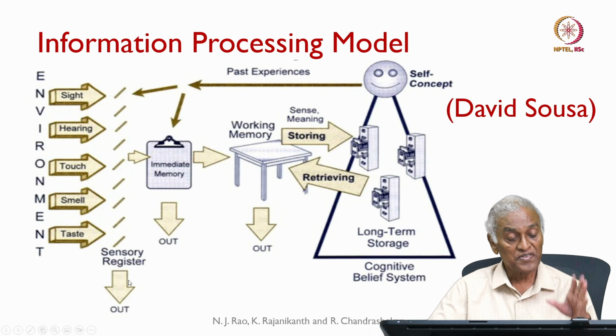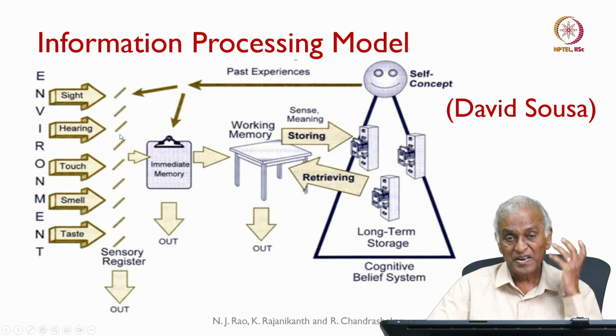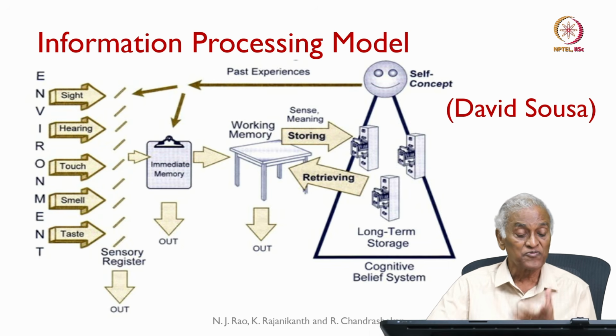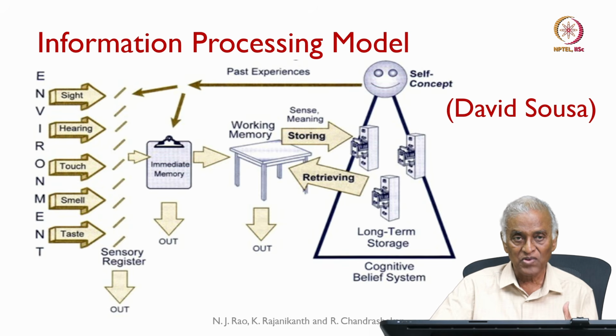Each one registers something, but everything that is here is not immediately processed, because your eyes keep on seeing so much from the environment. All that is not necessarily immediately processed. Only if it is required, it will focus on that. So some of it gets rejected straight away.